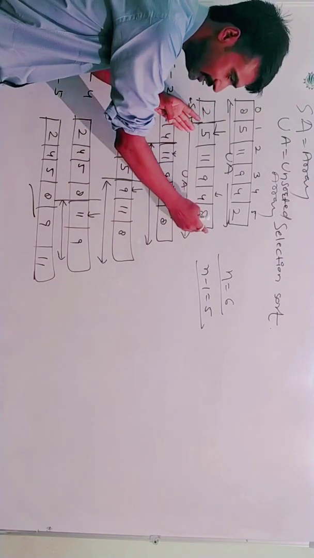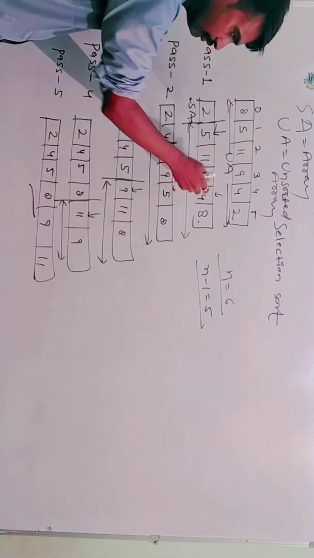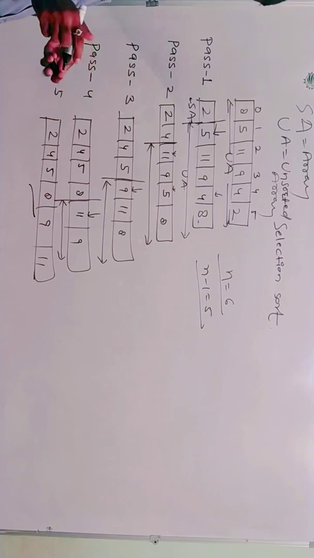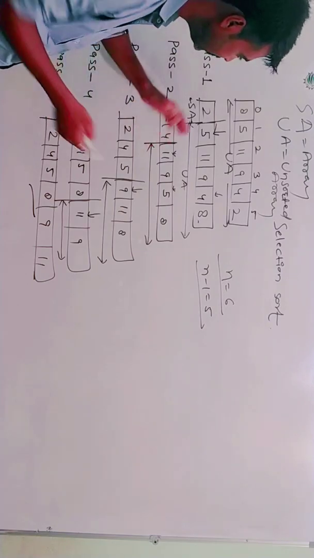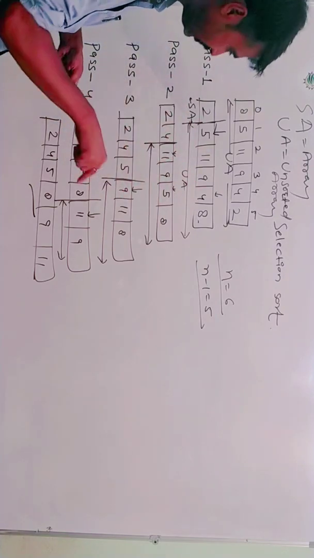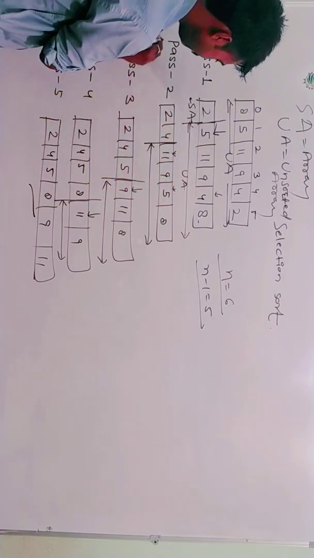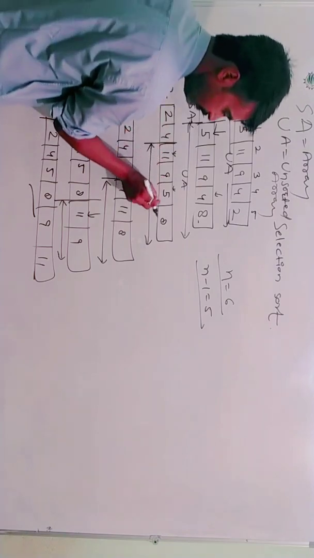The smallest element in this array is 4. So 4 will be replaced with the first element of the unsorted array. The first element is 5. So 4 will be swapped with 5. So after pass 2, we will get 2, 4, 11, 9, 5, 8.